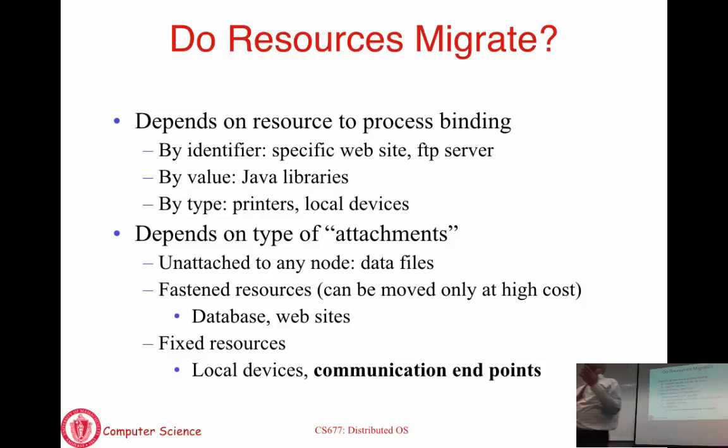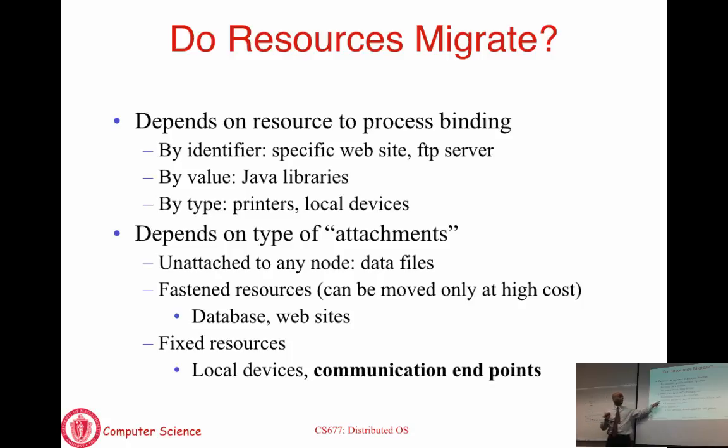Let's say the process here was accessing a local database. The database is 10 gigabytes in size, not a small database. So if the process moves, you could certainly move the database, but you have to pay the cost of moving a lot of data over a network. So long as you're willing to pay the cost, that's okay. Otherwise, it will probably require you to somehow provide access to the database without moving it.